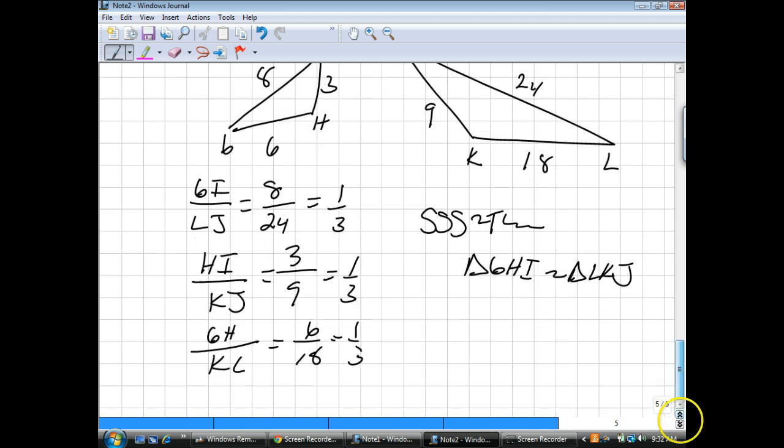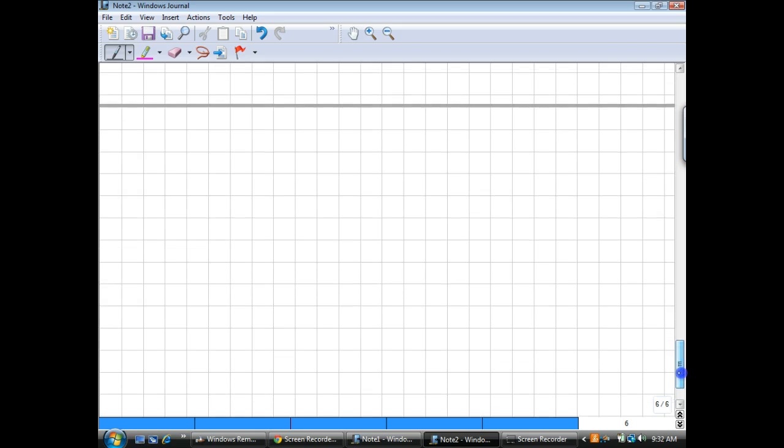Okay, and let's look at one proof. So given that AX is to XC as BX is to XD, prove that AB is parallel to DC.